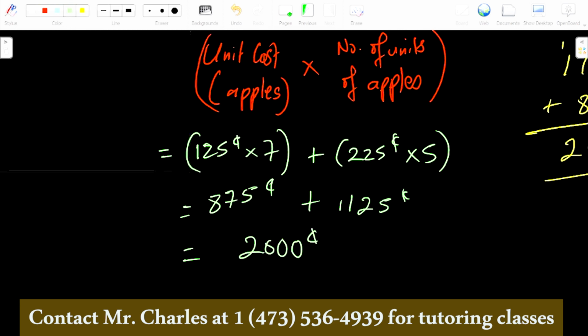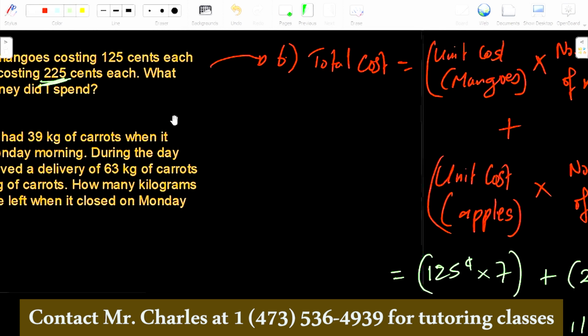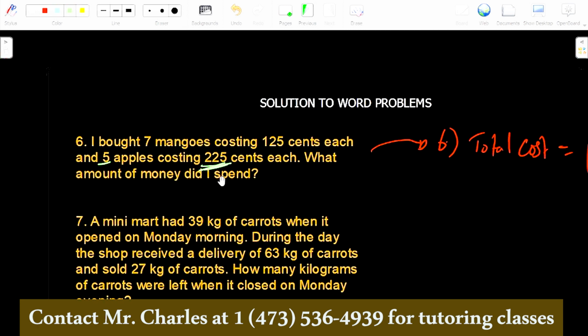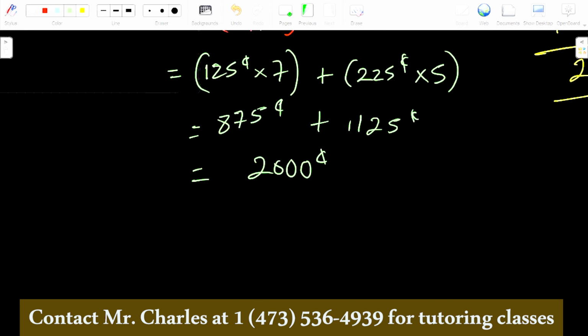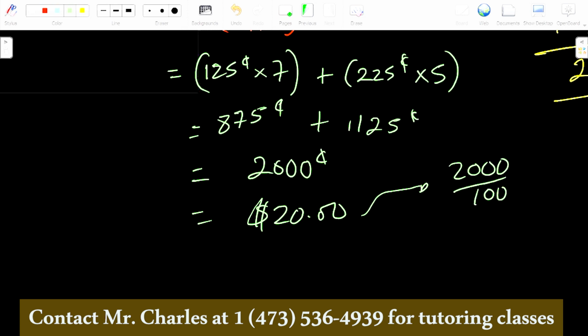They didn't say to express our answers in dollars or cents, so I'll just leave it as cents. So you could write your answer as 2,000 cents. That would be $20, because if you divide 2,000 by 100, there are 100 cents in a dollar, and the zeros would cancel off, and you would be left with $20.